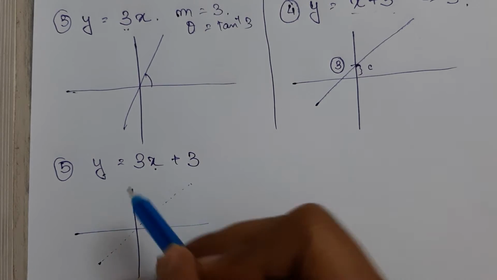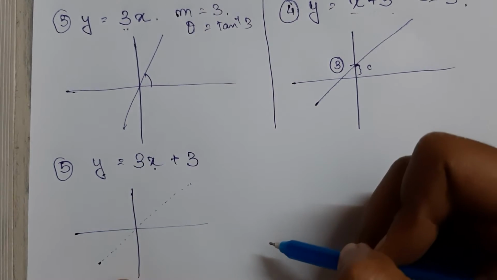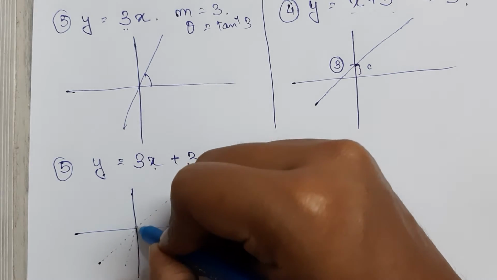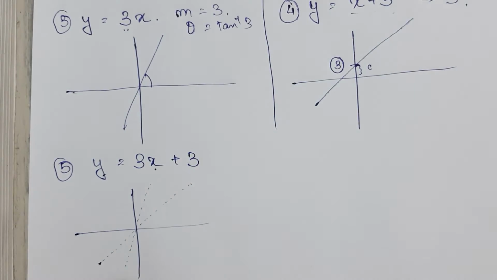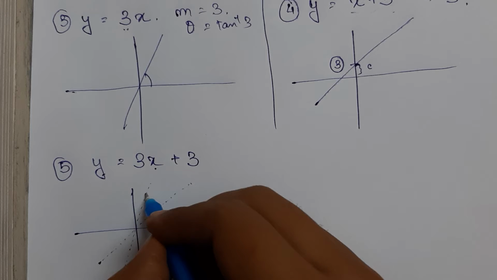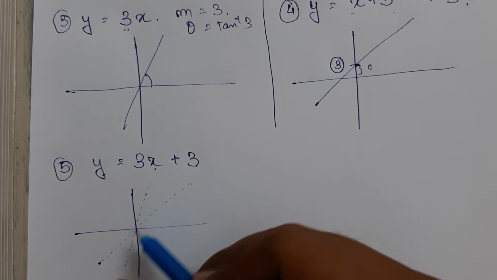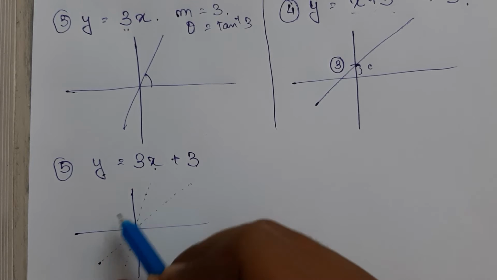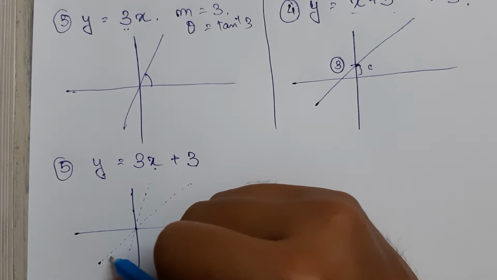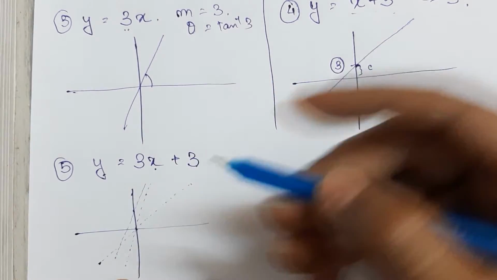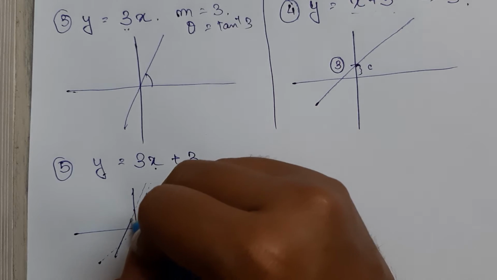Now comes y is equal to 3x, so the slope will change to like this. This line is y is equal to 3x. Now we have added plus 3, which means from the origin it will go up to plus 3, and it will be like this. So the resultant graph is this.